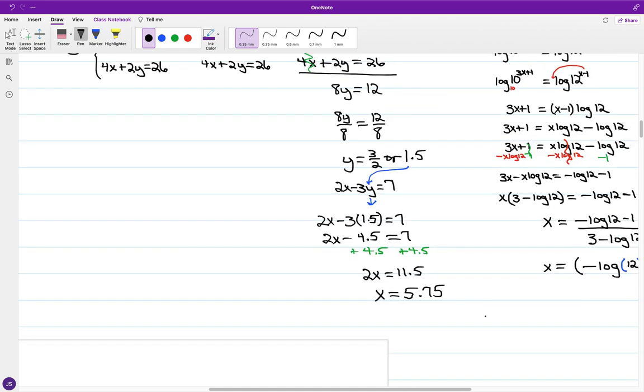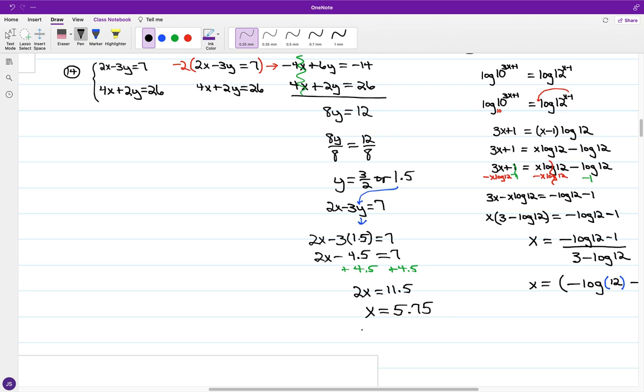So for this system, there's going to be one solution combination for x and y.